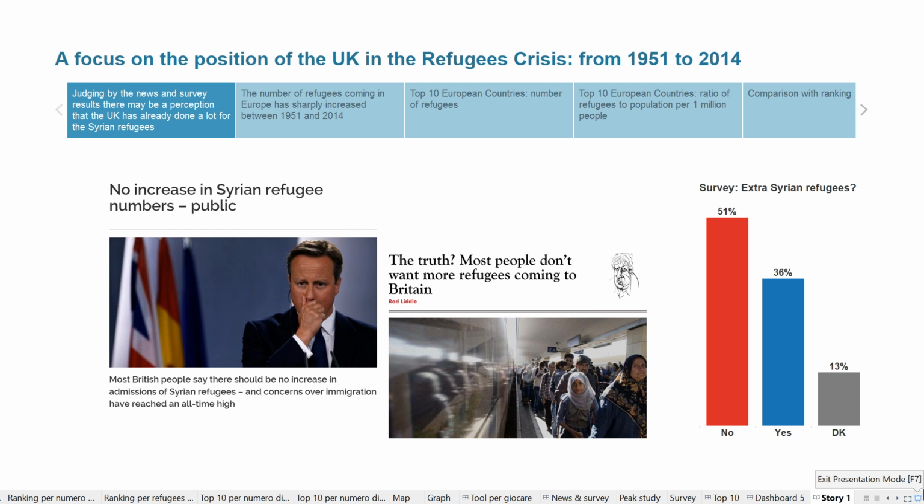Based on a survey I found, the population in the UK does not want extra Syrian refugees. So the question I asked myself was, okay, is it true that actually the UK has already taken so many people, so they cannot afford to take more?